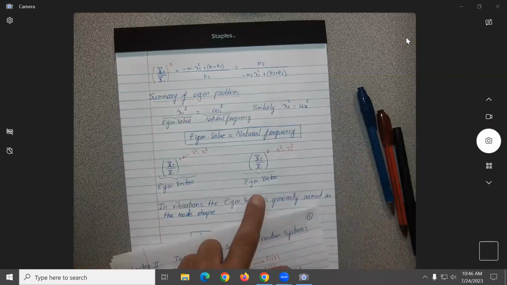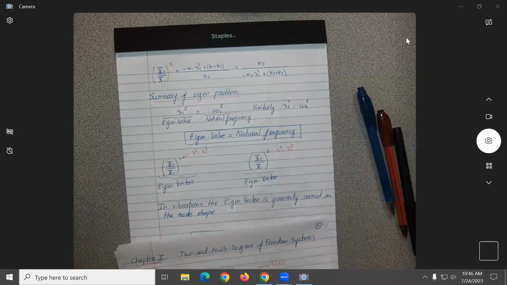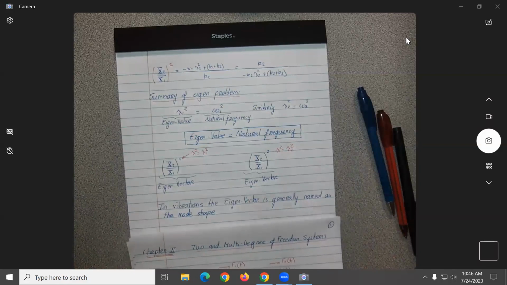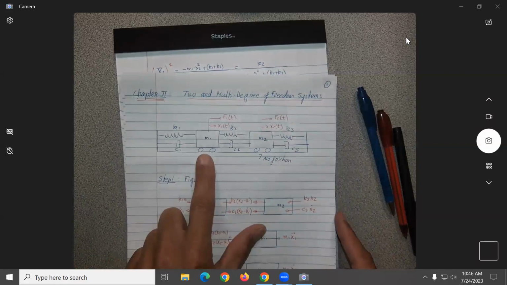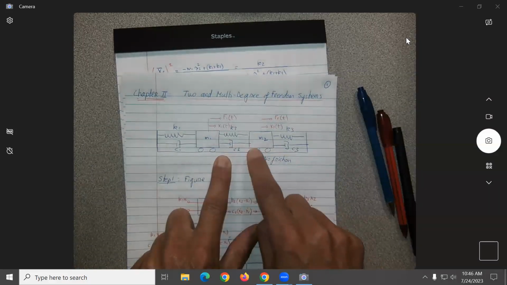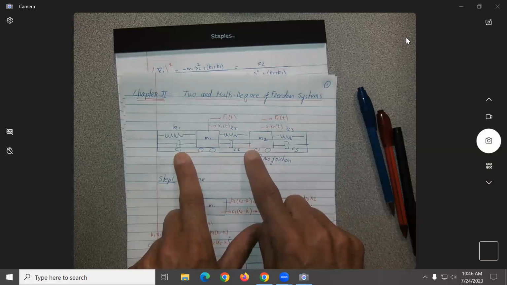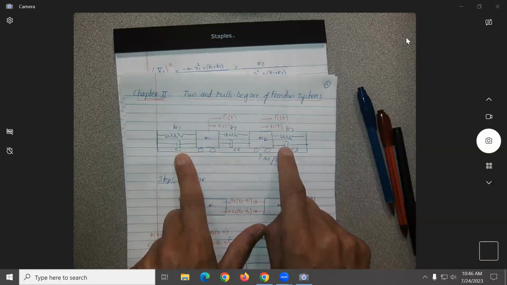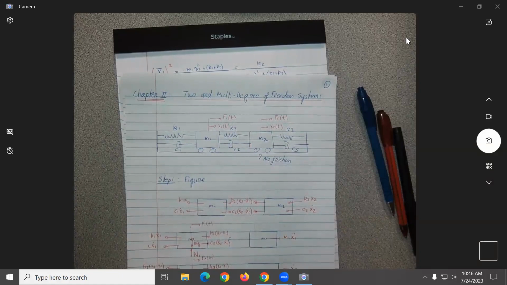So if it's equal to -1, x2 equal minus x1, or minus x1 equal minus x2, no? So if this one is moving 1 unit to the right, this one will be moving 1 unit to the left, or if this one is moving 1 unit to the left, this one will be moving 1 unit to the right.